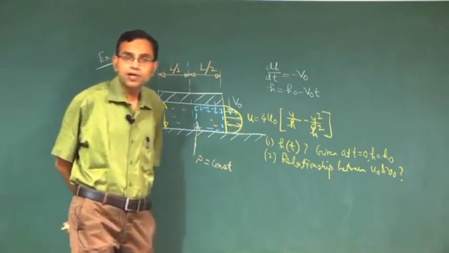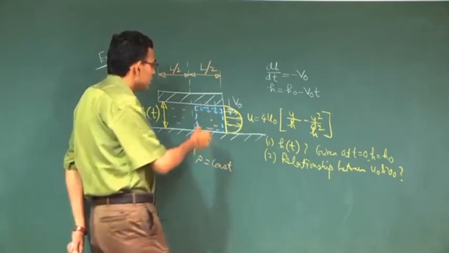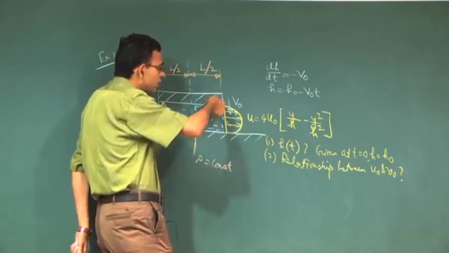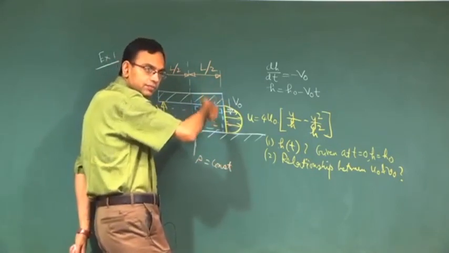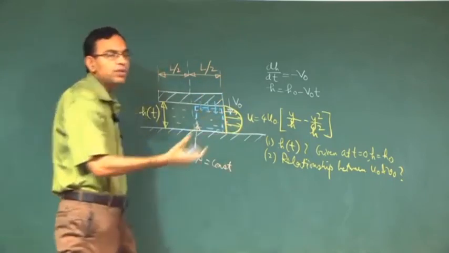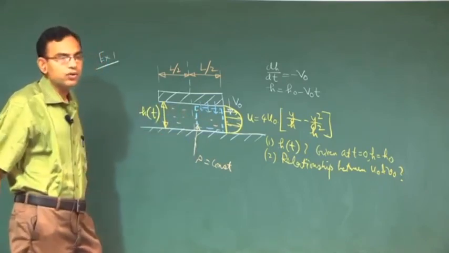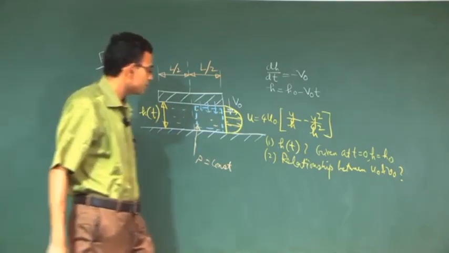There could be another possibility in which this control volume would move with the plate. Then the difference would be that the volume of the control volume will change with time. In this case the volume of the control volume is not changing with time.